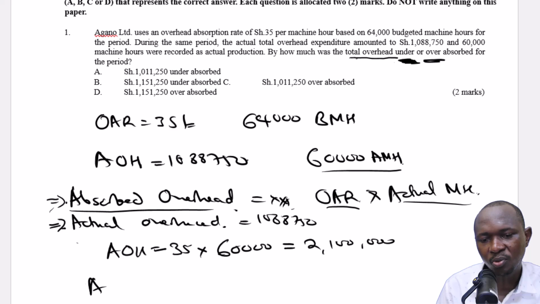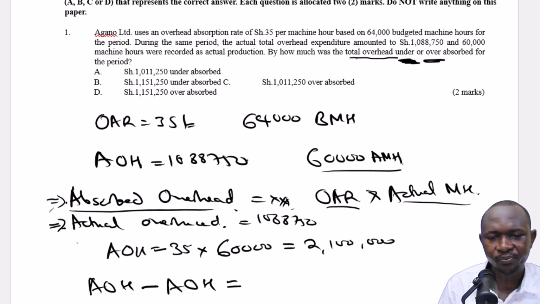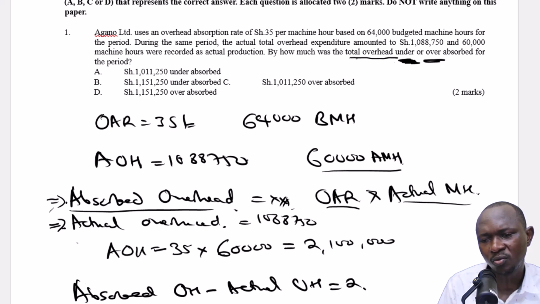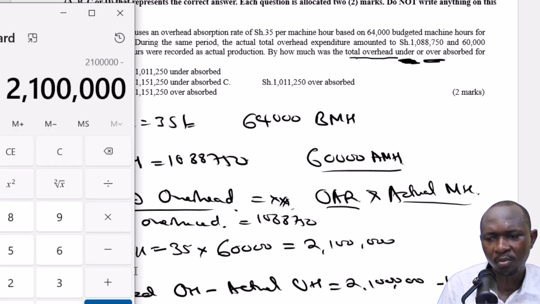So absorbed overhead minus actual overhead, which will give us 2.1 million minus 1,088,750.